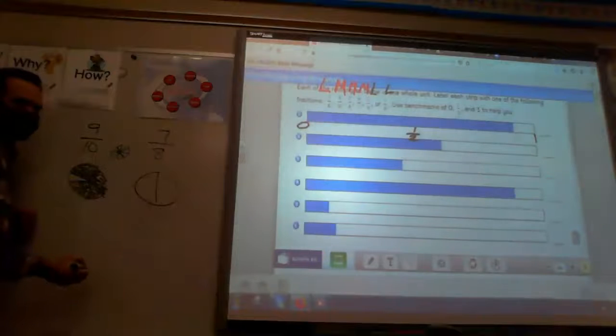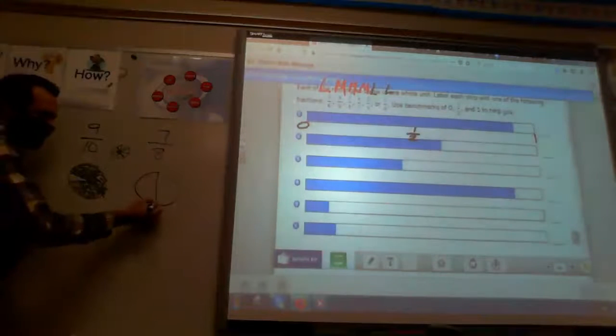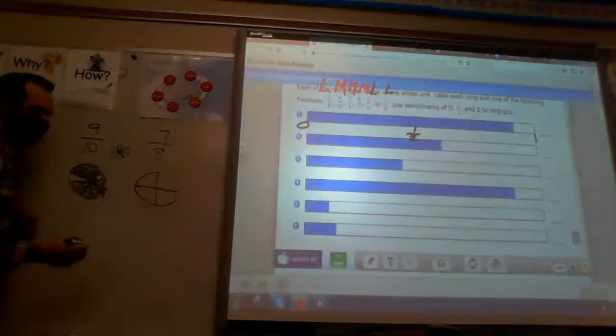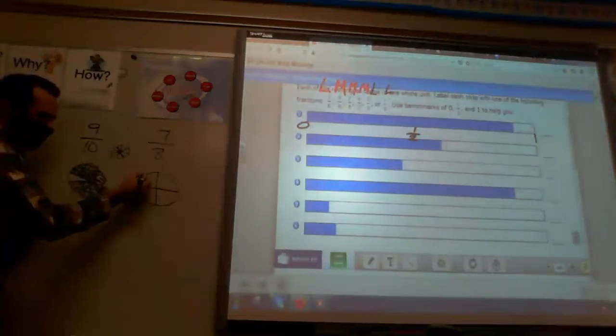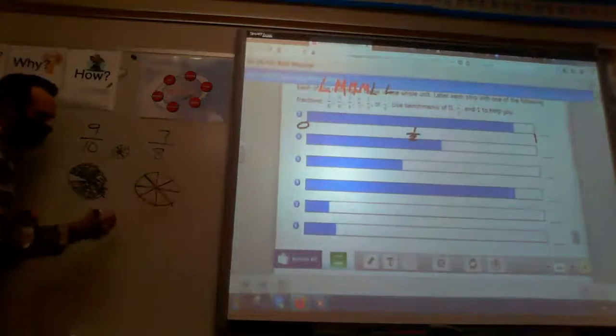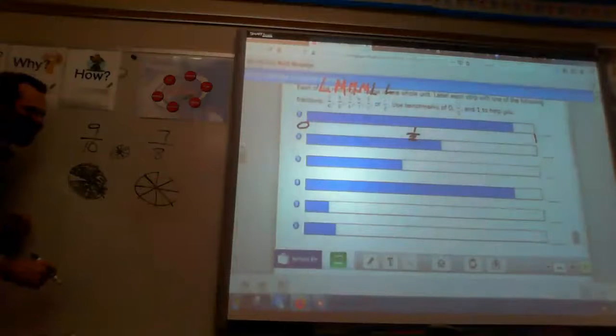Split it in half. Then split it in half the other way. Now I have fourths. See that? Now I split each fourth in half with 2 more lines. How many of those should you color in?